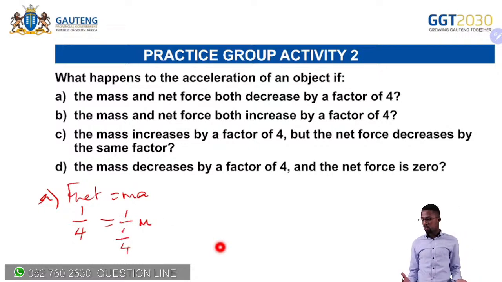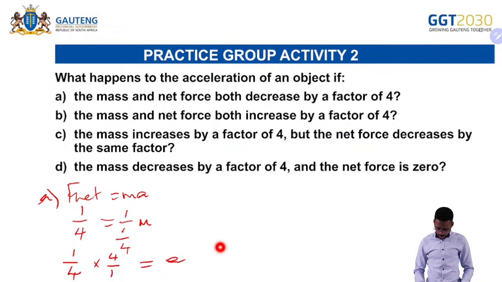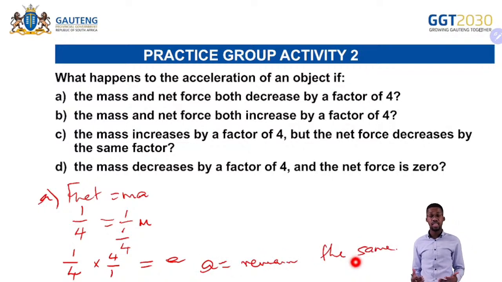So now you just need to perform a mathematical expression. If you transpose this to the other side, you're going to have 1 over 4 times 4 over 1 is equal to a. And then your acceleration will remain the same. So in this instance, acceleration will remain the same.